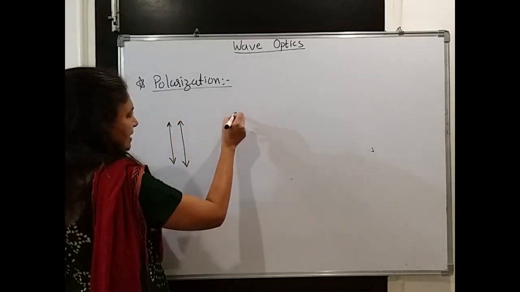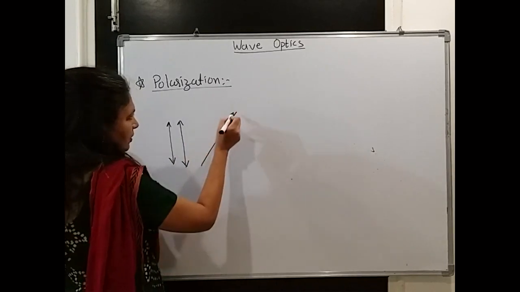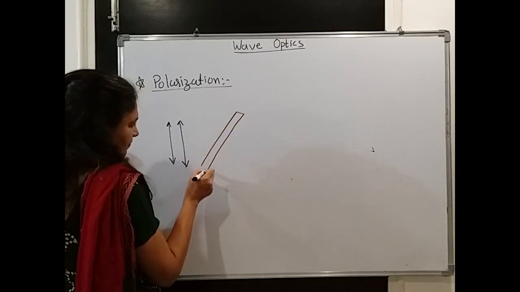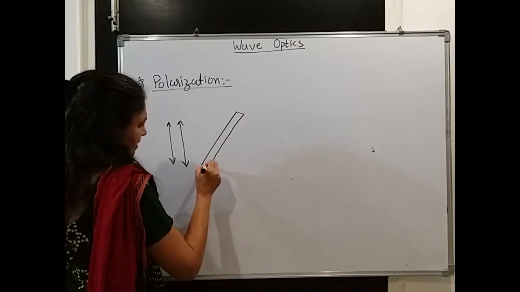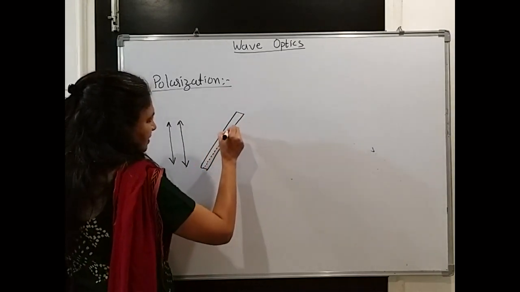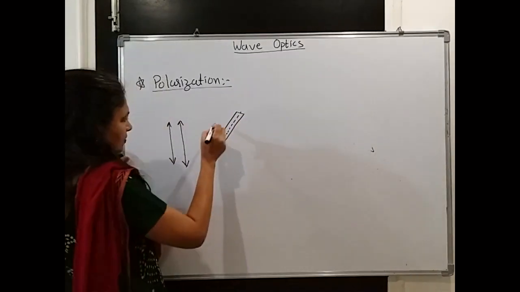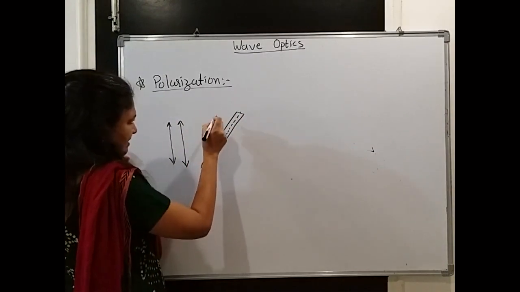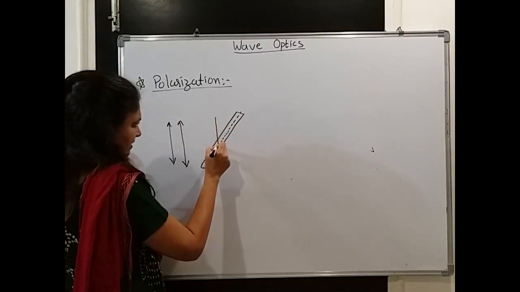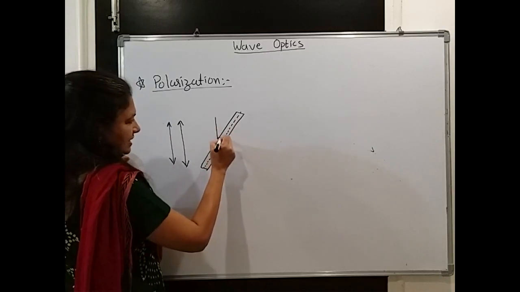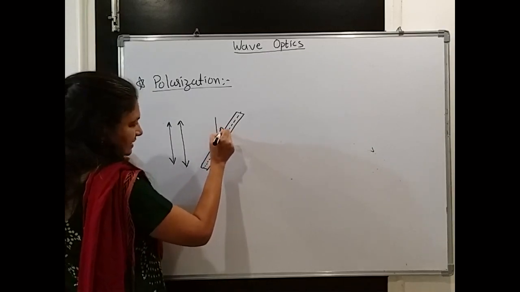I allow this light to be incident on a polarizer which has optic axis in this direction. Now you can see this is the light in this direction, this is the optic axis, this angle is theta.